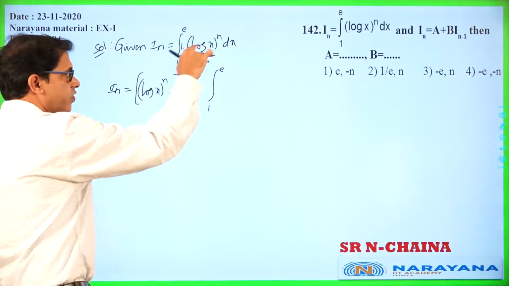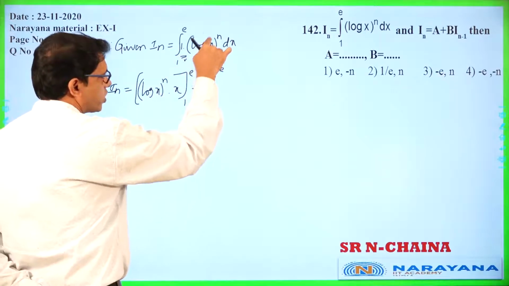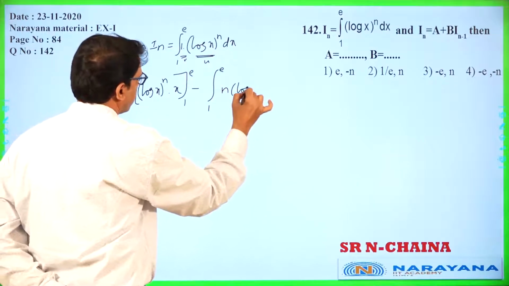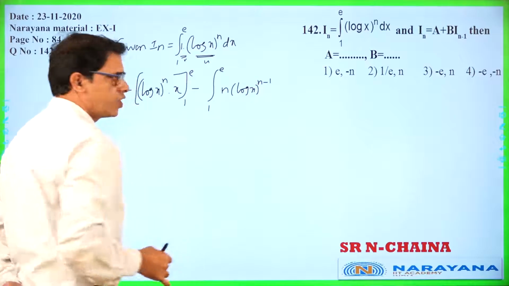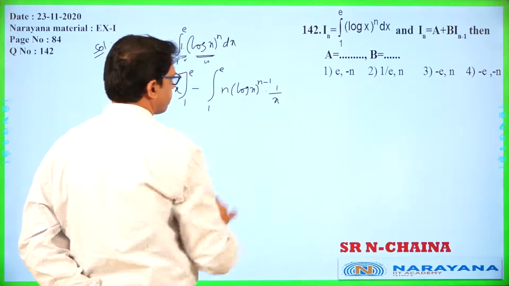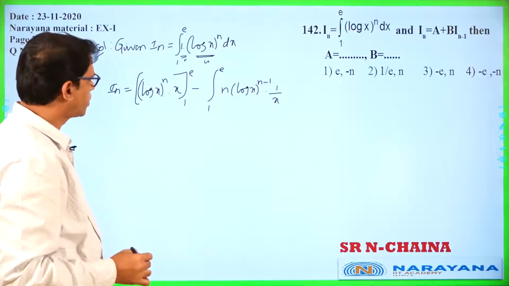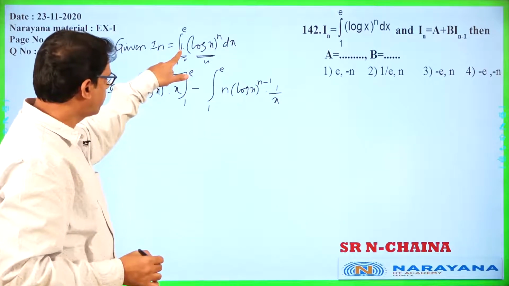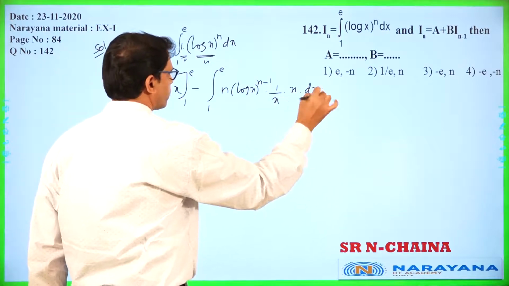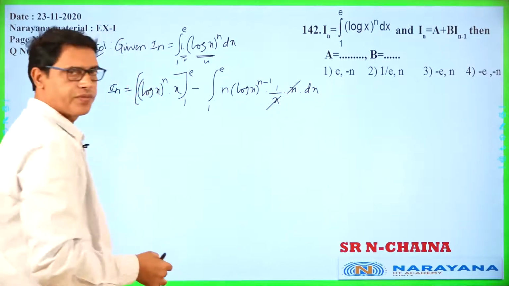U dash means the derivative of log x whole to the power n, so n into log x to the power n minus 1, into the derivative of the inner function; the derivative of log x is 1 by x. Next, integration of v dx, integration of 1 dx is x, then whole dx. Here x gets cancelled.